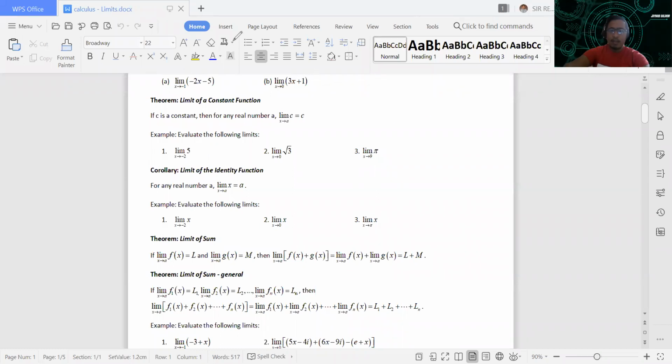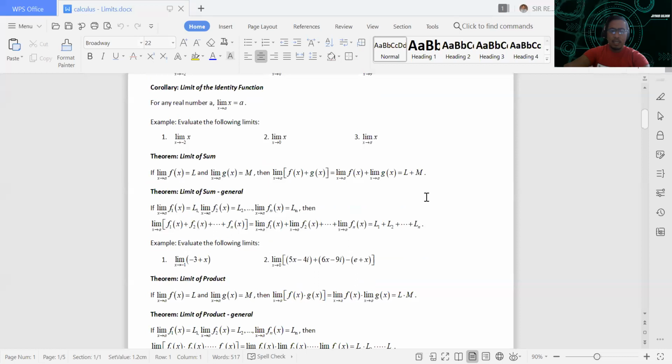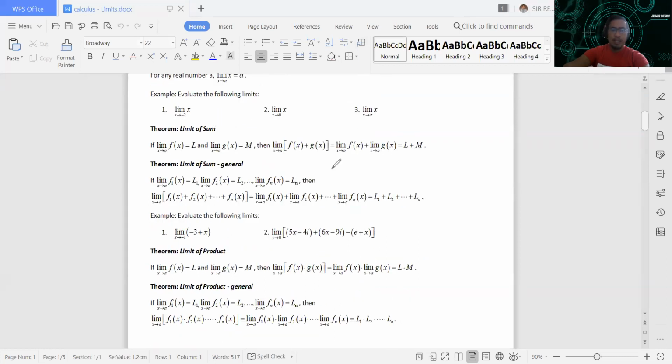Okay, sunod ta sa limit of sum. In the limit of sum, if you have a function f of x as x approaches to a is equal to L, that function with that certain fixed point has the limit L. And you have another function g of x wherein your fixed point is the same with the fixed point here, and it is equal to M. If you take the sum of these two functions approaching to that same fixed point a, then what you gonna do, class, is you just get the sum of their individual limits.